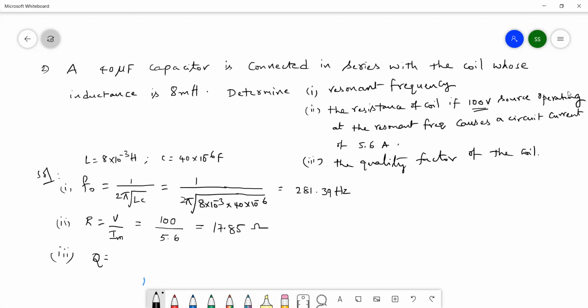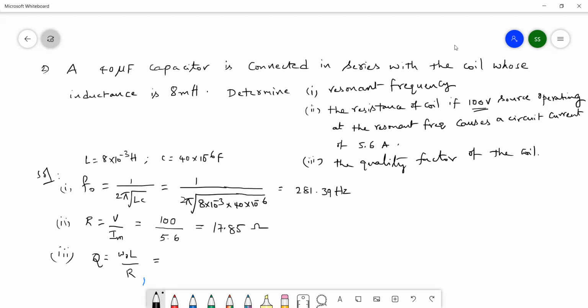So what is the first formula for quality factor? 1 by omega naught CR, sir. Right, 1 by omega naught CR or omega naught L by R. You can take any of the formulas and check the answer. Both will give the same answer.